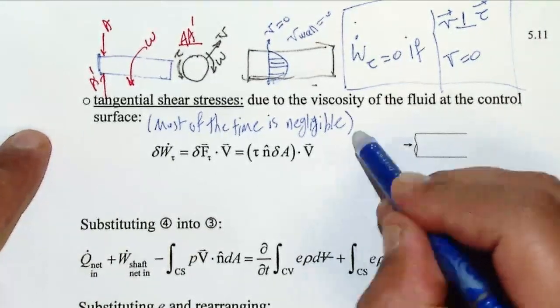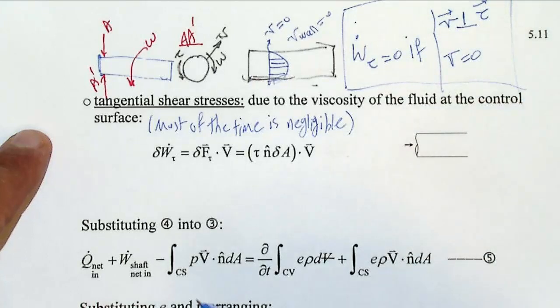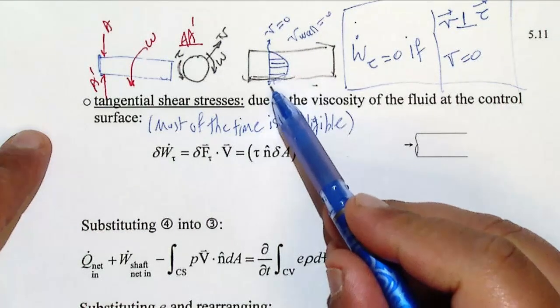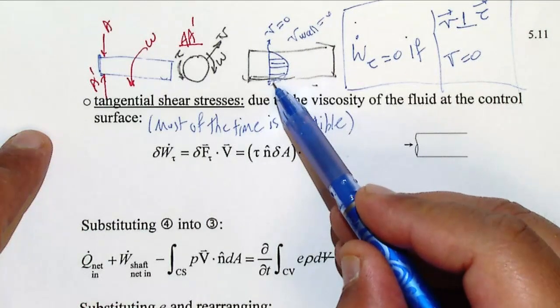In this course, you mostly talk about pipe flow, and in pipe flow, this type of work is 0 because the tau happens mostly in the wall, close to the wall, where you have the change of velocity.